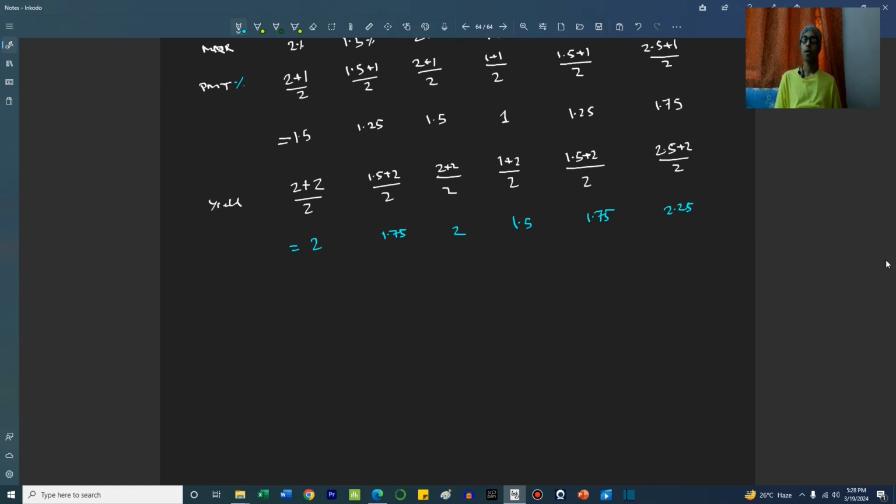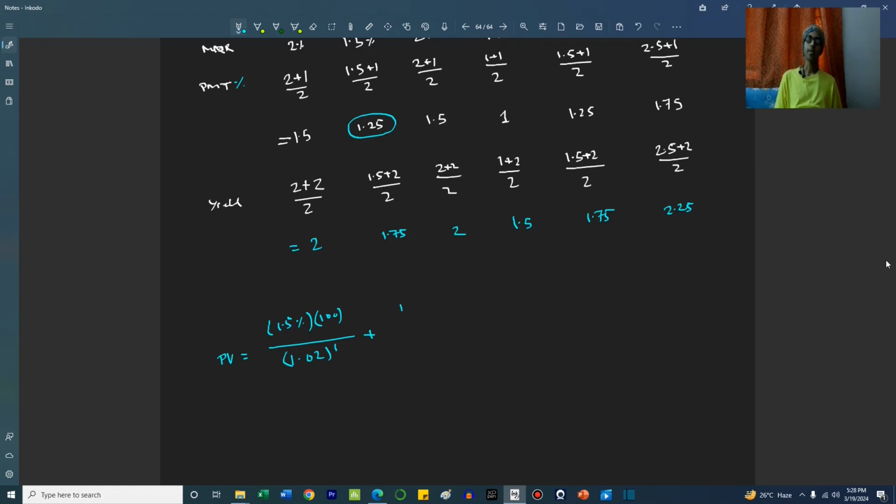So the present value comes to be 1.5% into FV, which is 100, by 1.02 to the power 1 plus, this is the quoted margin plus the MRR and divided by the periodicity.